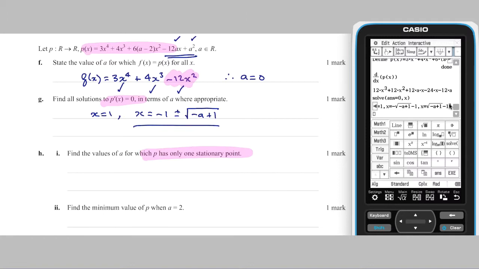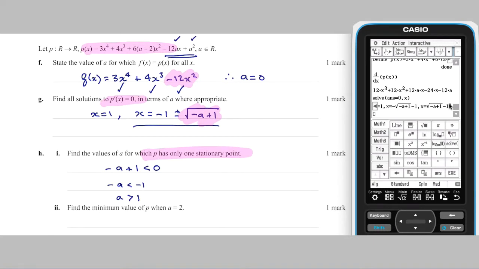If this is to happen, we need to focus on the square root of minus a plus 1. This will not exist when we are square rooting a negative number. In other words, it will not exist if minus a plus 1 is less than 0. This means that minus a must be less than minus 1, and so a must be greater than 1.